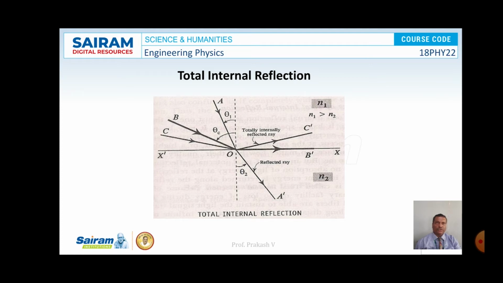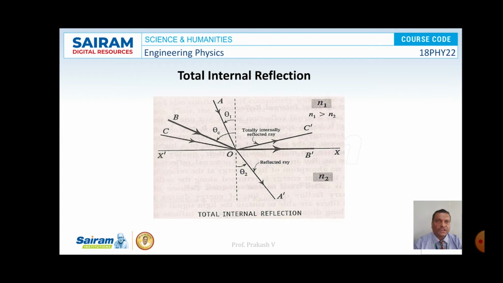Now consider a ray of light AO falling on the boundary XOX dash which separates the two media, at point O. The angle of incidence is theta 1 and the angle of refraction is theta 2. The refracted ray travels along OA dash, and theta 2 is greater than theta 1.